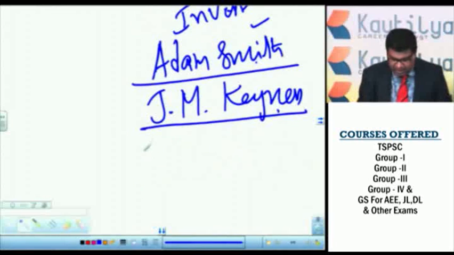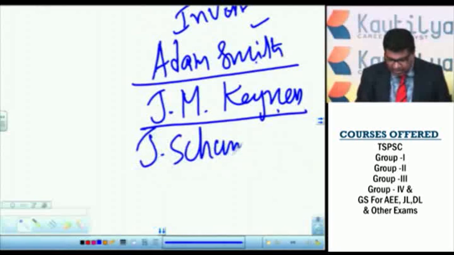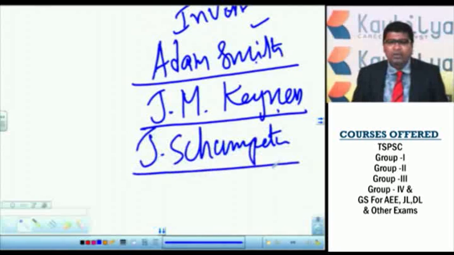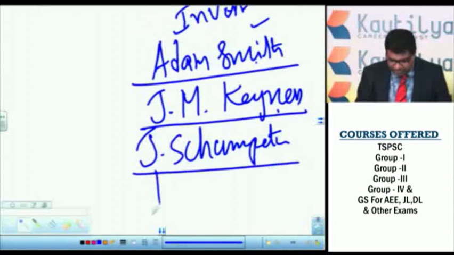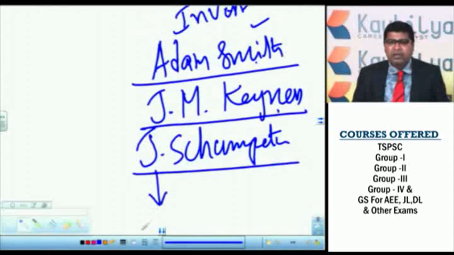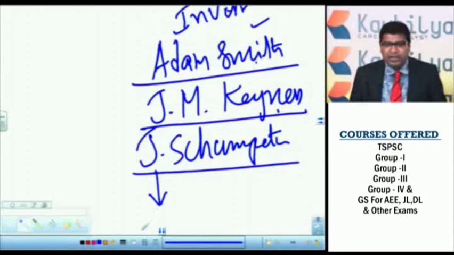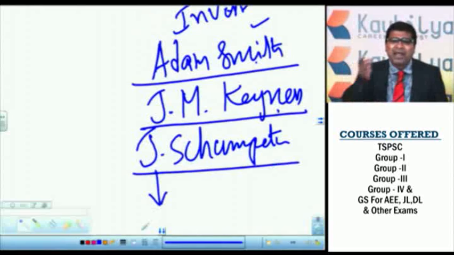Similarly, Joseph Schumpeter also gave importance to investments. According to Joseph Schumpeter, there should be inventions in the society, there should be radical innovations in the society. Radical innovations can be attained through a risk bearing mechanism.